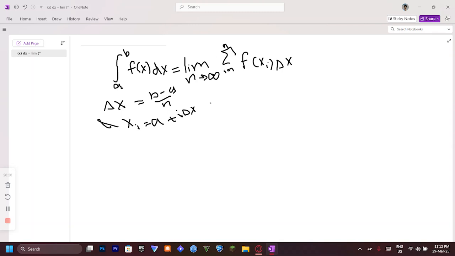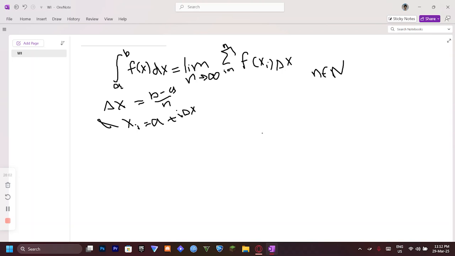So, what are we doing here? Let's say for some n, where n is a positive integer, we need to see what this does.